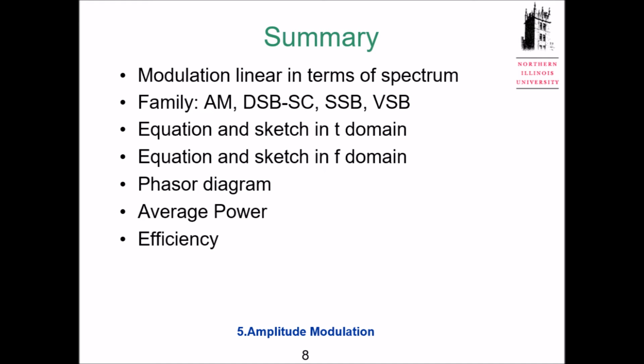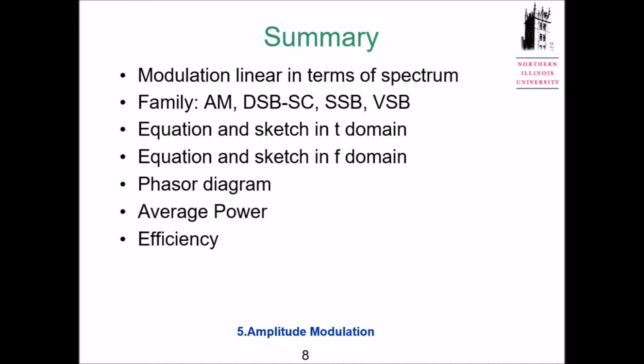So AM is modulation linear in terms of spectrum. In this family, we have AM, which only means double sideband large carrier, the most widely used technique; double sideband suppressed carrier; single sideband; and vestigial sideband.